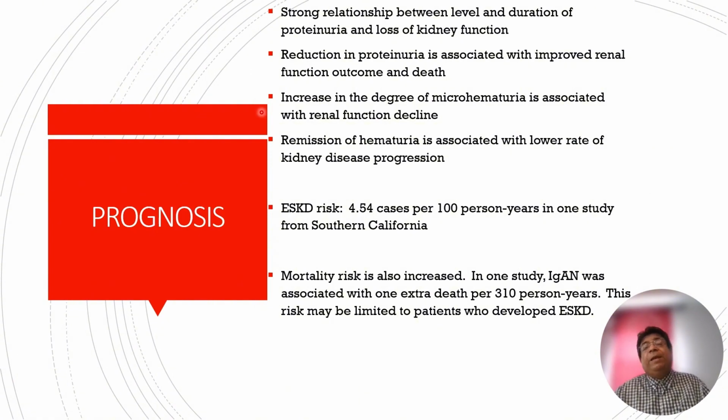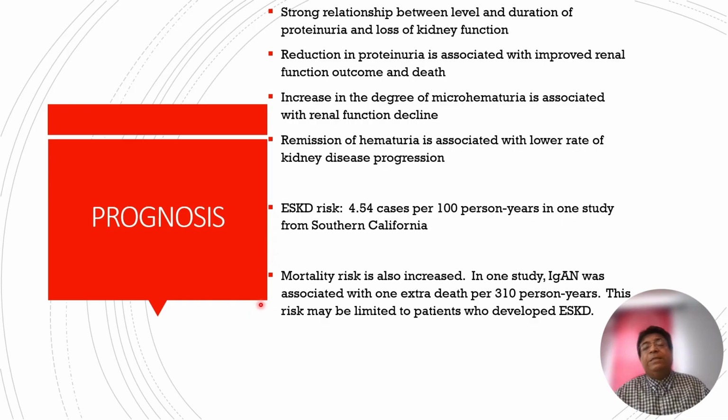Increase in the degree of microhematuria is associated with renal function decline, and remission of hematuria is also important. It is associated with lower rate of kidney disease progression, although this is a little bit harder to demonstrate, and some studies have not demonstrated that. 4.54 cases per 100 person years develop end-stage renal disease in one study from Southern California.